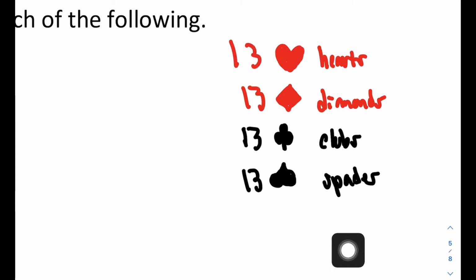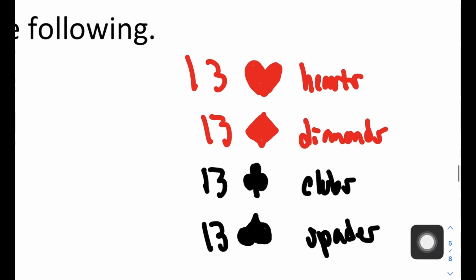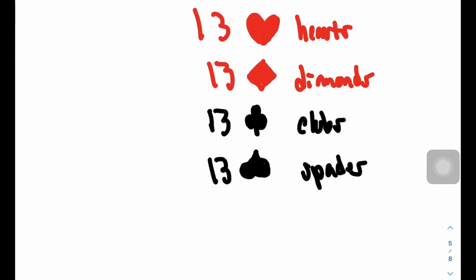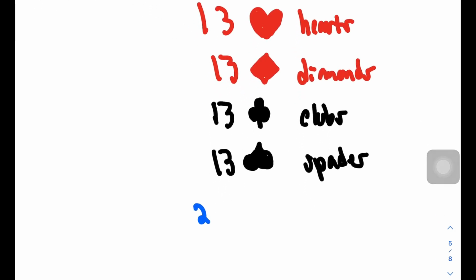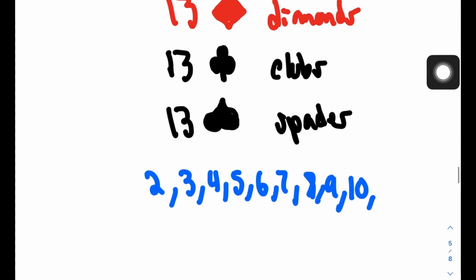In a regular deck of cards, there are 52 total. Now you're probably asking, we have 13 hearts, but what do they look like? Well, we would have a 2 of hearts, a 3 of hearts, a 4 of hearts, all the way to 10, and then after 10, we get into these different cards. We have a jack, a queen, a king, and an ace.